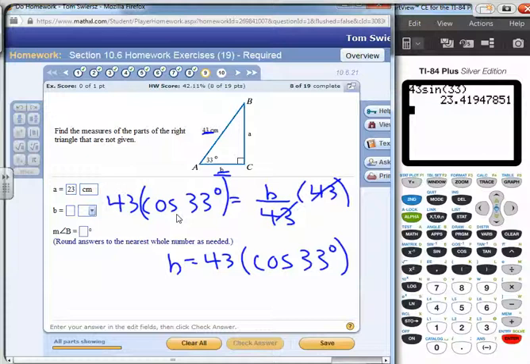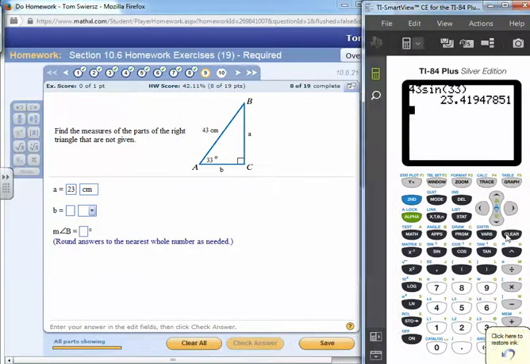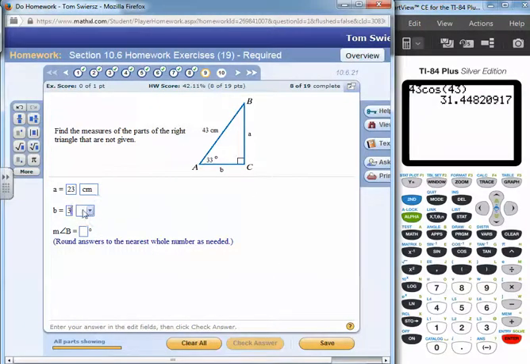Okay, so we'll go ahead and do that on our calculator. 43 times the cosine of 33 degrees. And we get 31.4, rounded to the nearest whole number will be 31. And again, the units are centimeters.